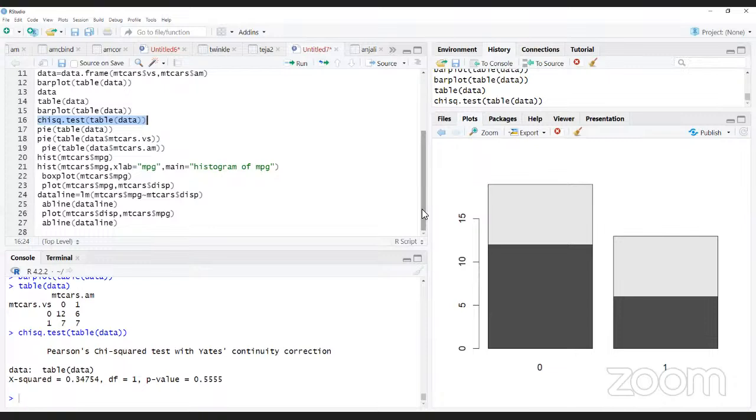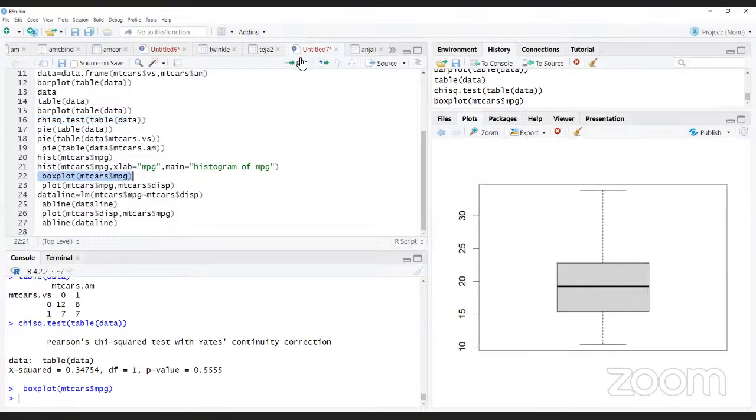Now you click 22, line number 22. So this is the box plot. Okay, so Farah, you go to the console and there you write down the same thing.